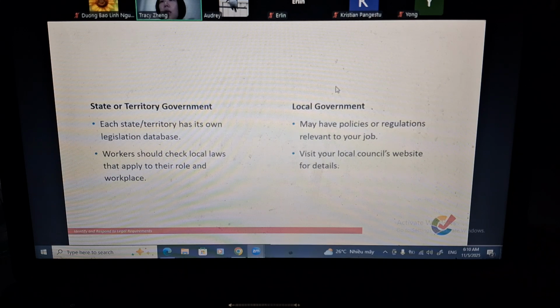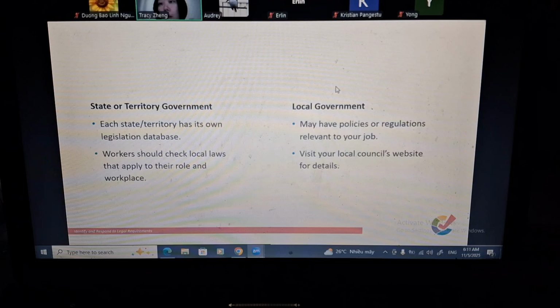And you can definitely get relevant information from the state or territory government websites, not only aged care information but also something relevant such as, like we mentioned earlier, work health and safety, etc. You can get that from the state government's website.